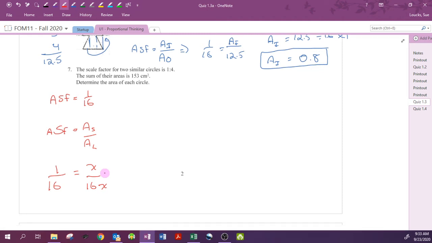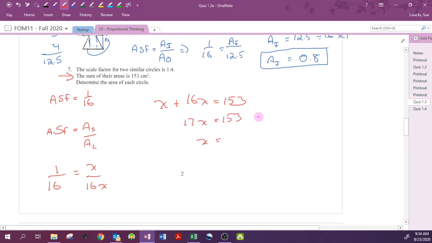Okay. So that's good, but it's not particularly helpful the way it is right now. But I do know that the sum of their areas is 153 centimeters squared. So x plus 16x has to equal 153. So 17x equals 153, and x equals 9.